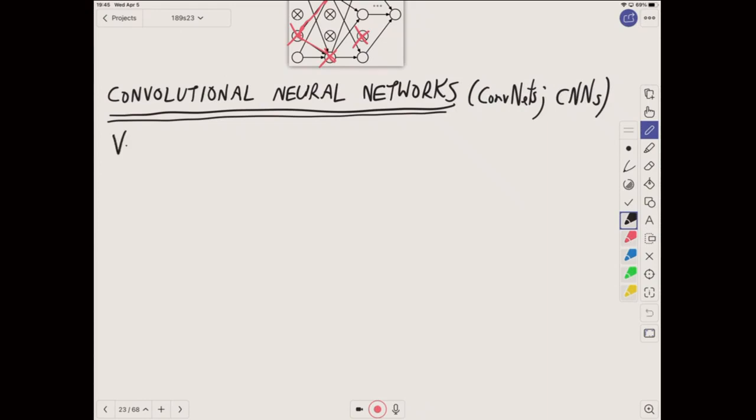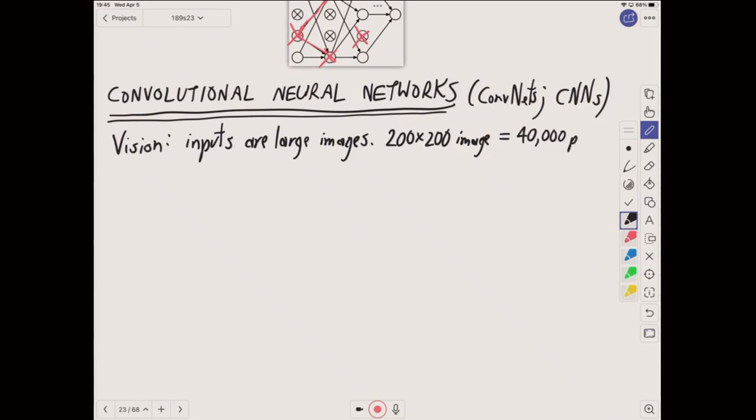And it is easiest to understand what it's doing and why it's popular in vision problems, where the inputs are large images. To illustrate the problem, suppose that we are trying to recognize what objects are in a 200 by 200 image. I realize that 200 by 200 actually is not large by modern standards, but it's large enough to illustrate that we already start to have problems if we try to use a fully connected neural network to deal with that 40,000 pixel input.